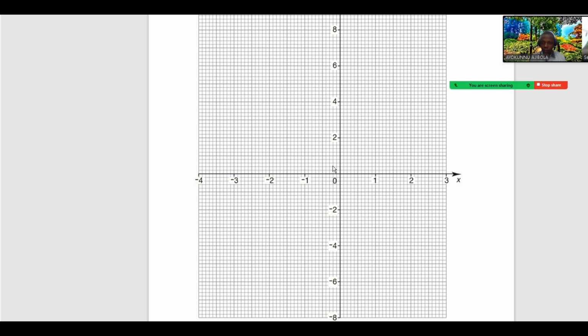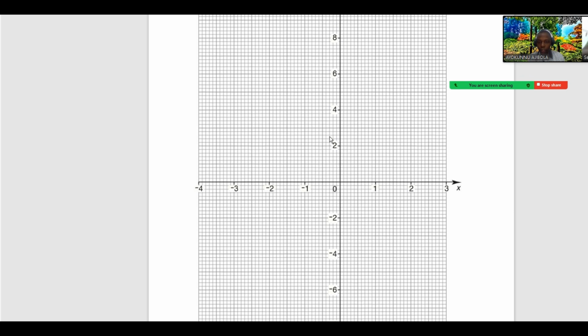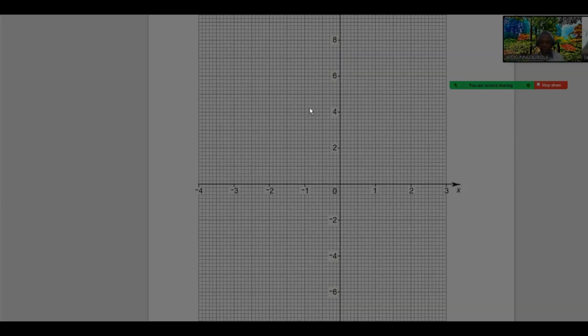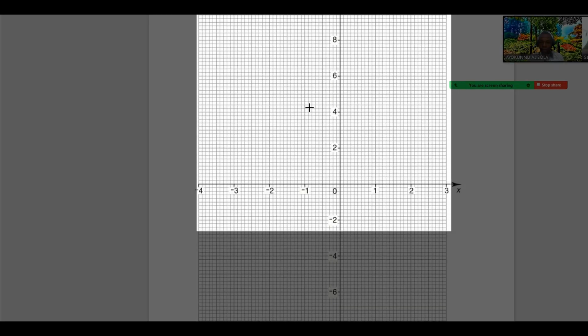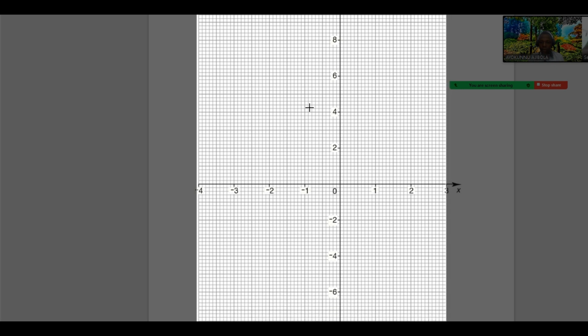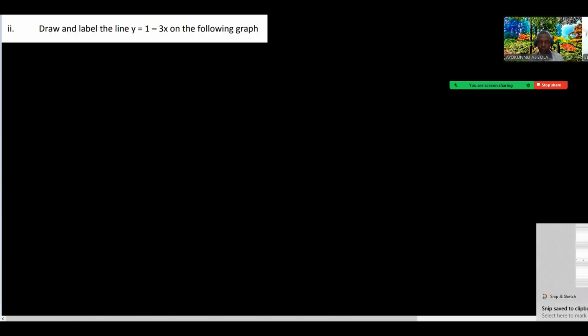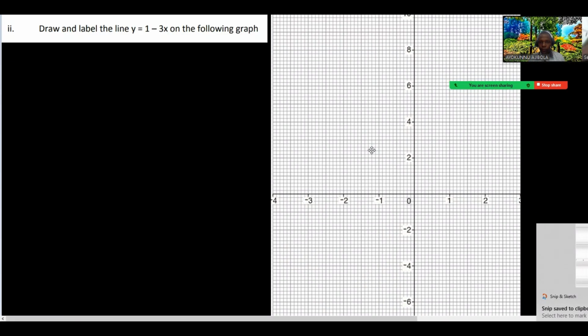Let me try and use this to move it a little bit. I think this is better. So I'm going to bring it down there to the board so we can plot the values.